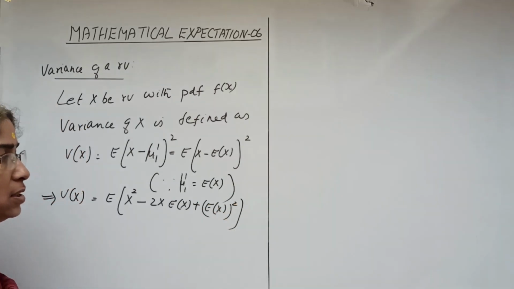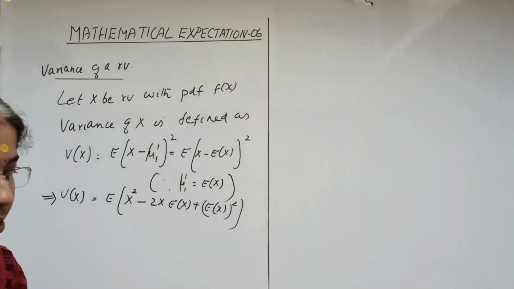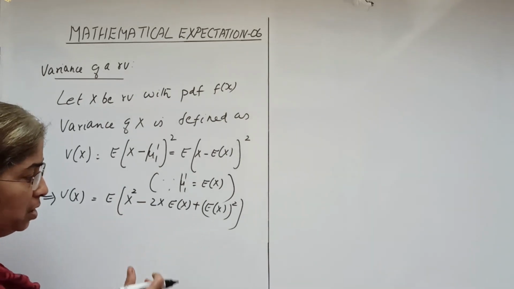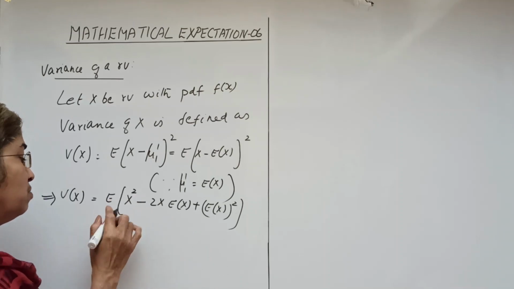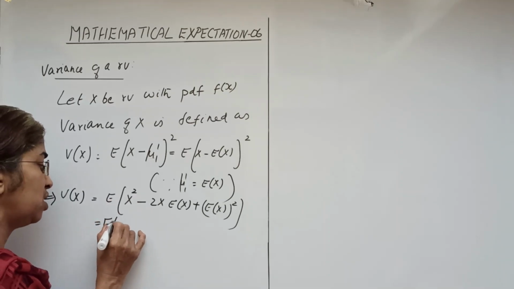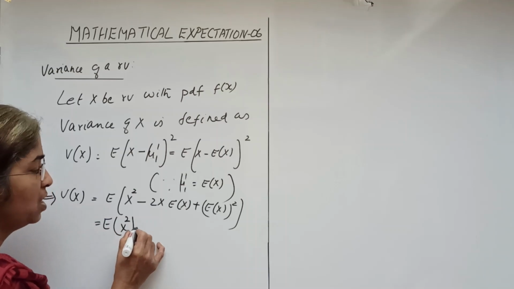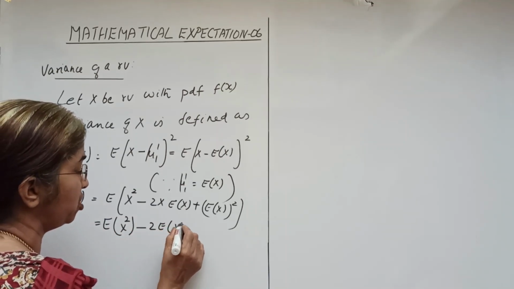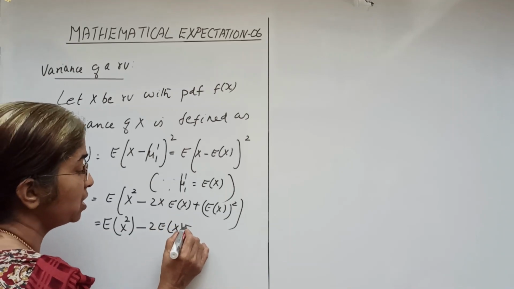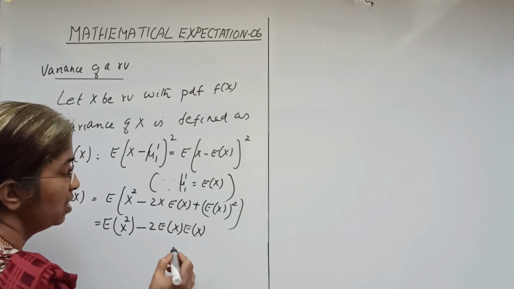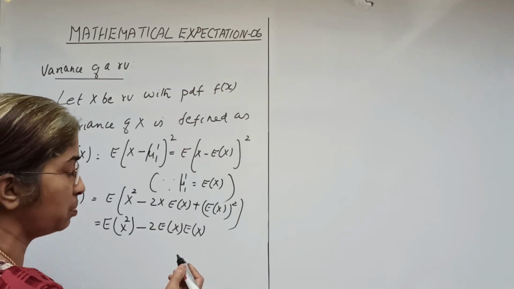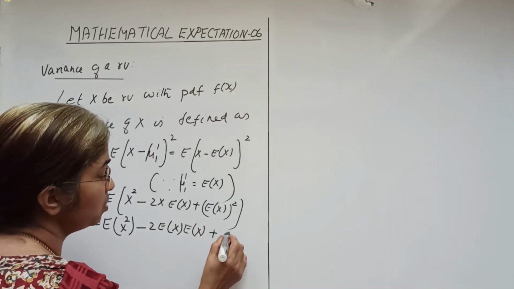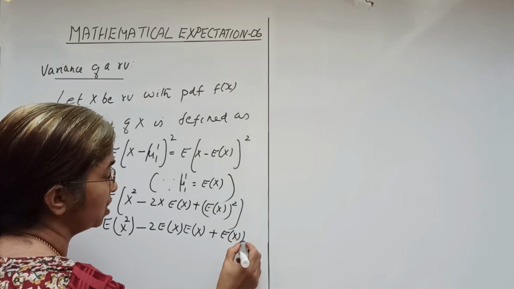Now we take expectation term by term. The first term is expectation of X square, minus 2 into expectation of X into expectation of X, which is 2 into (expectation of X) whole square, plus (expectation of X) the whole square.